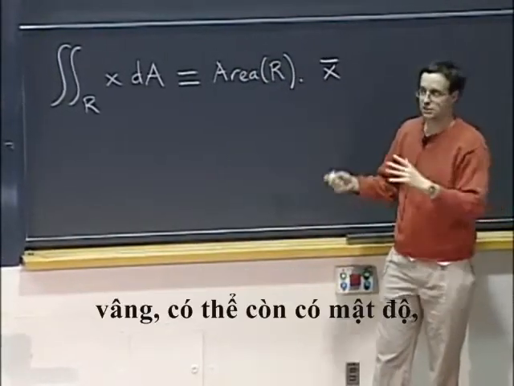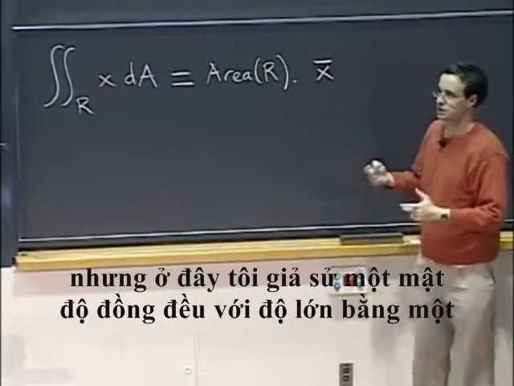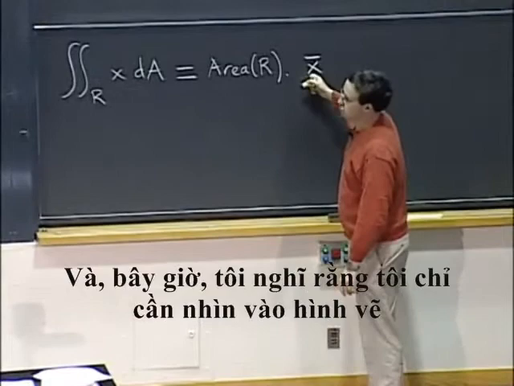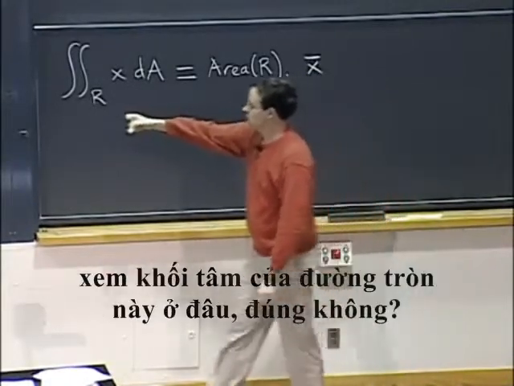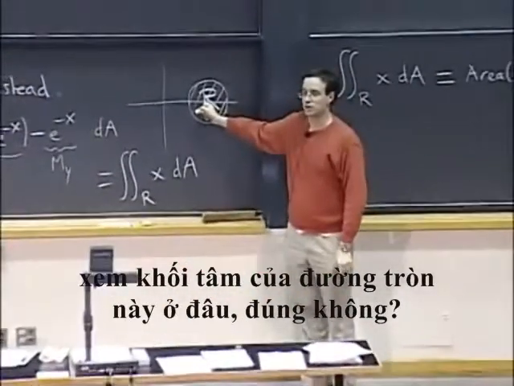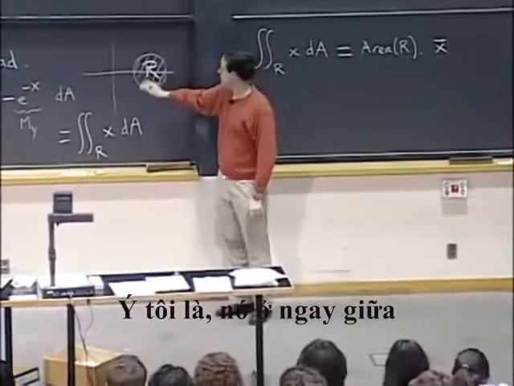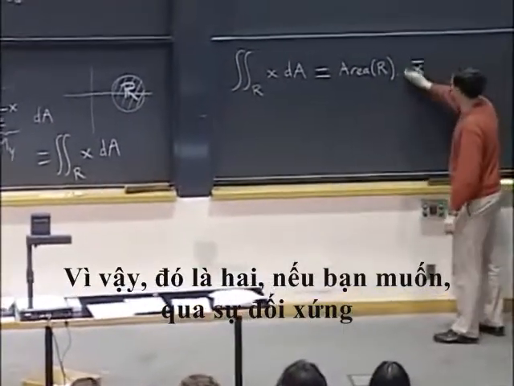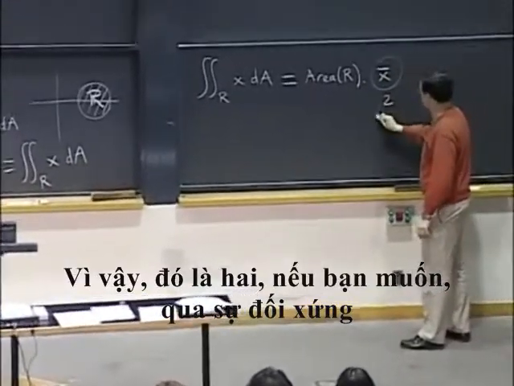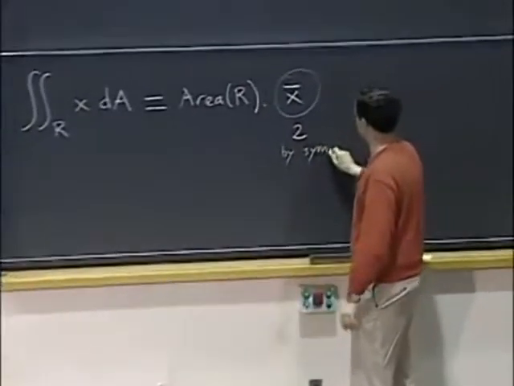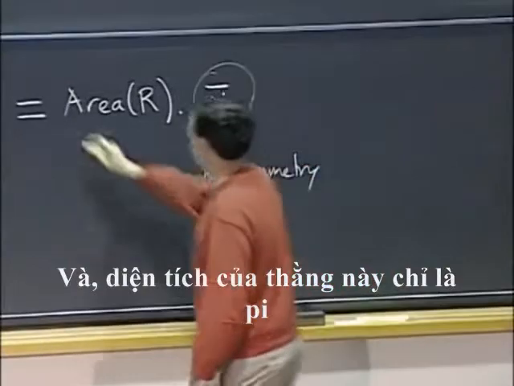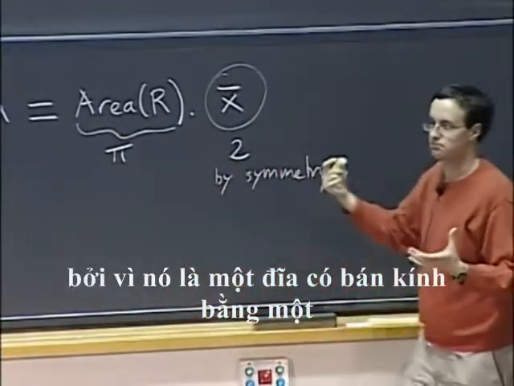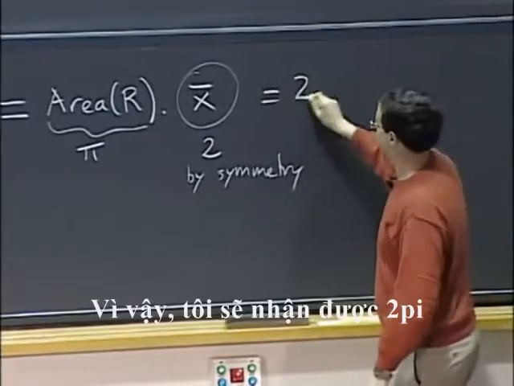Well, possibly with a density, but here I'm taking uniform density 1. And now I think I know, just by looking at the picture, where the center of mass of this circle will be. It will be right in the middle, so that is 2, if you want, by symmetry. And the area of this guy is just pi because it's a disk of radius 1. So I will just get 2 pi.